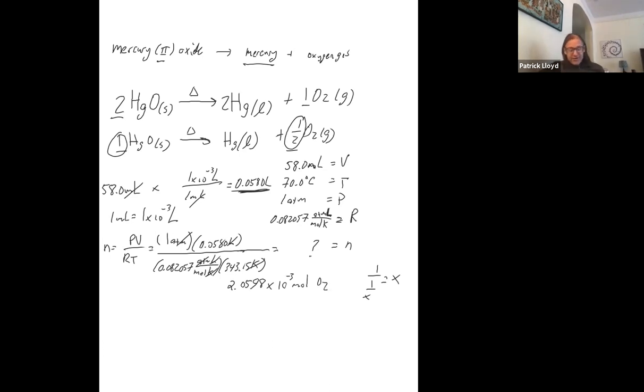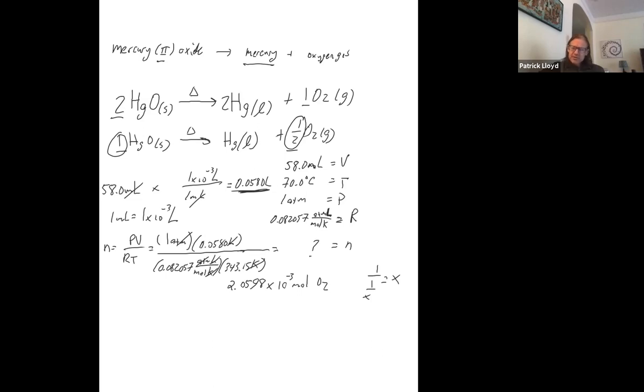Now, is that a reasonable answer? Well, again, I said that at STP, which is standard temperature and pressure, 0 degrees C and 1 atmosphere, 1 mole has a volume of 22 liters. But this is a very small volume, right? This is 0.058 liters. So it should be a pretty small number of moles, okay?